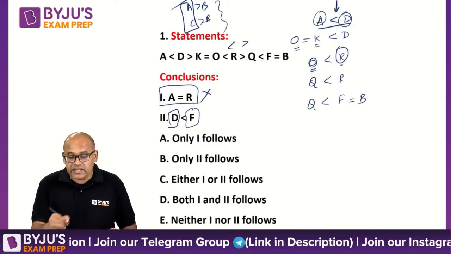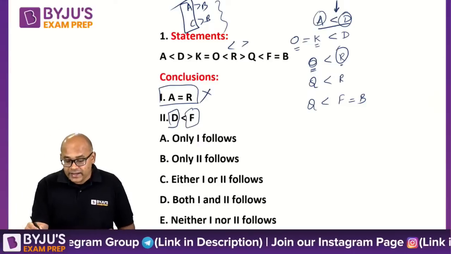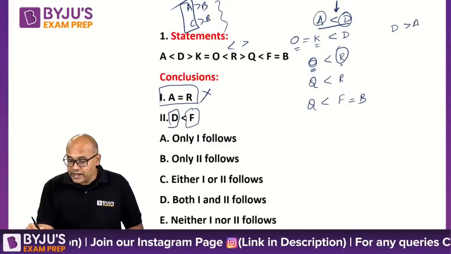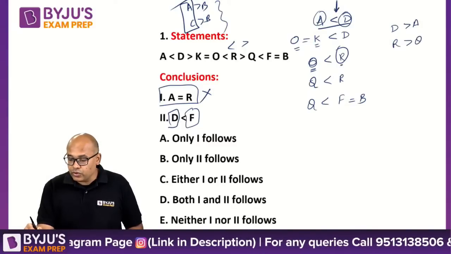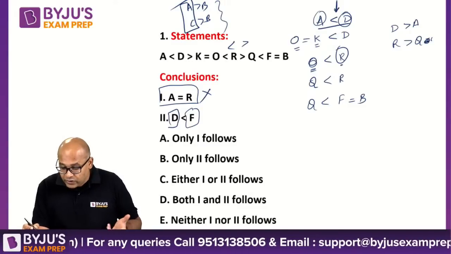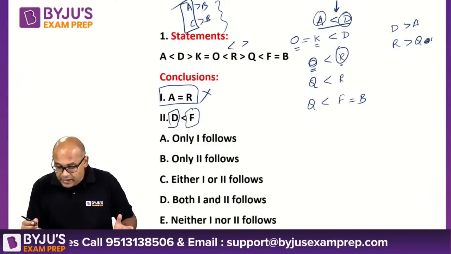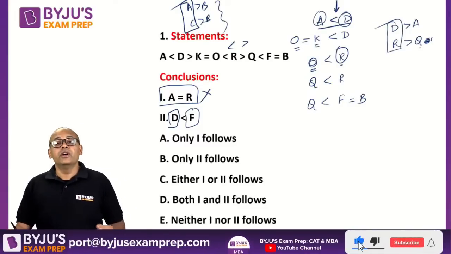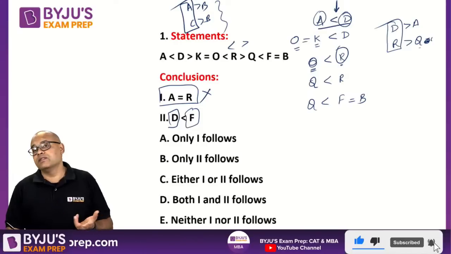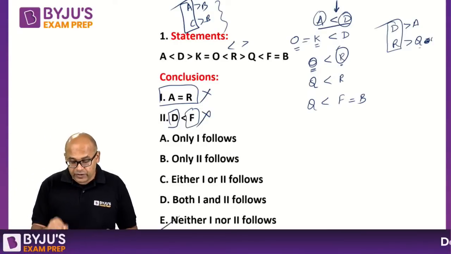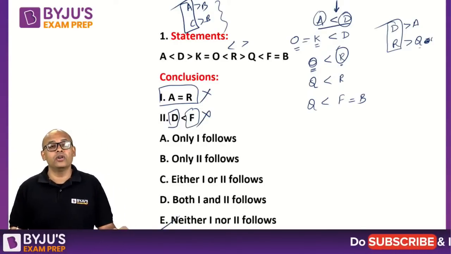It's like the same example, right? You're basically saying that D is greater than A and you're saying that R is greater than Q. Q is independent again. So D and R, there is no linkage. The moment you see that there is no link, you can't confirm anything. So this also cannot be confirmed. Therefore, the correct answer is neither 1 nor 2.